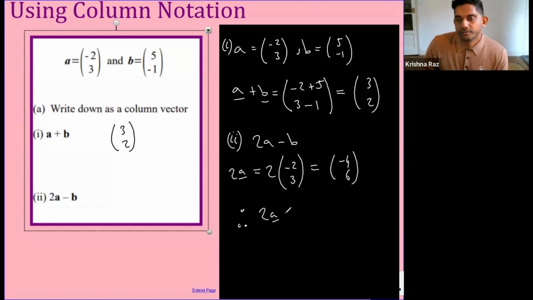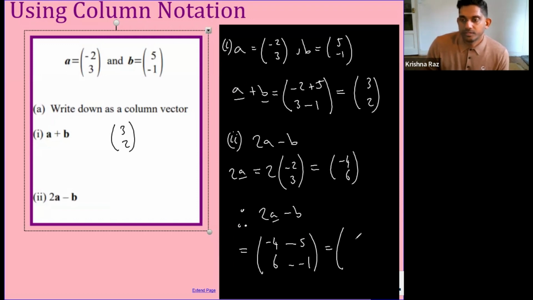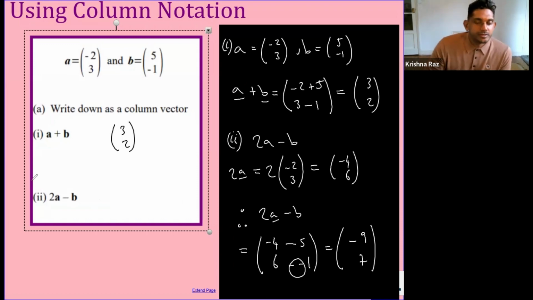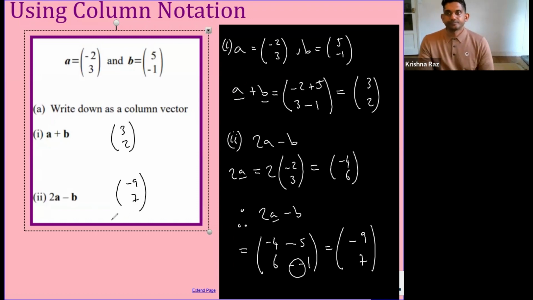Therefore 2a minus b is (-4, 6) take away b, so we have (-5, -1). You can see where they tried to get us there with the double negative. So the answer to that is (-9, 7).